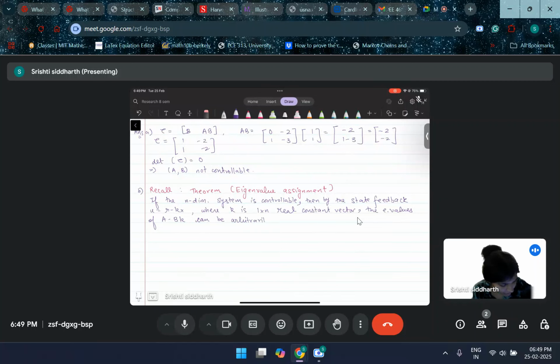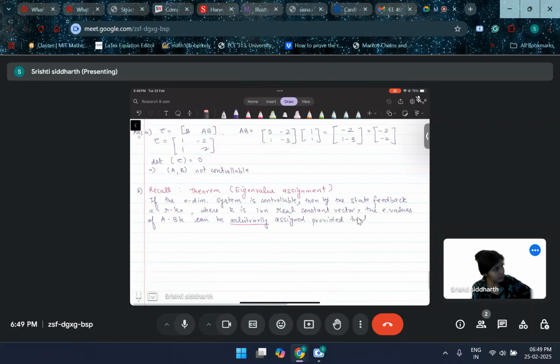Complex conjugate eigenvalues are assigned in pairs. So according to this theorem, we cannot place any eigenvalue at the desired locations.